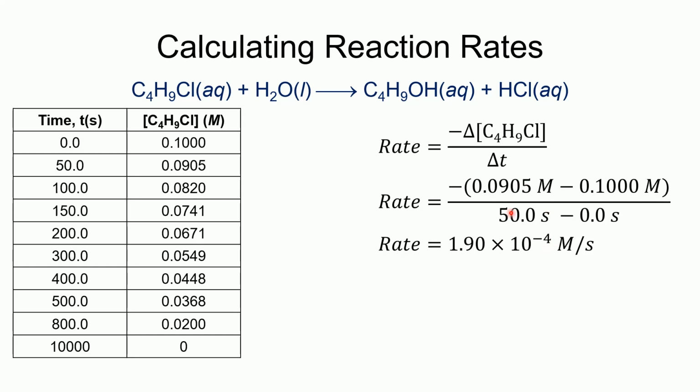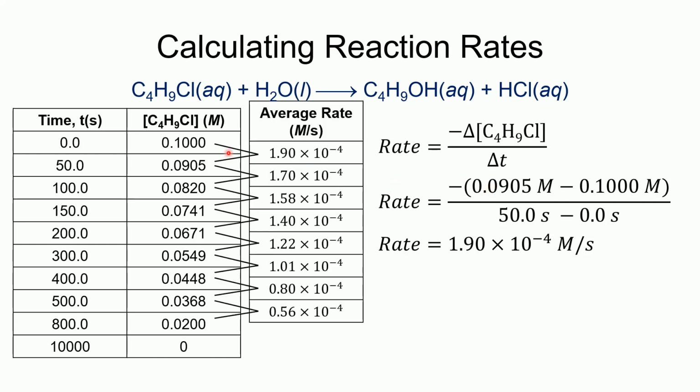So you'll see that we've done that calculation, and we could do all of these. We could do the calculation between 50 and 100, 100 and 150, and I've gone ahead and done those and put those values here. So here's the one that we just did, but we can also do between 50 and 100, and we'll see that it's 1.7 times 10 to the negative 4. Between 100 and 150, we get 1.58, so on and so forth.